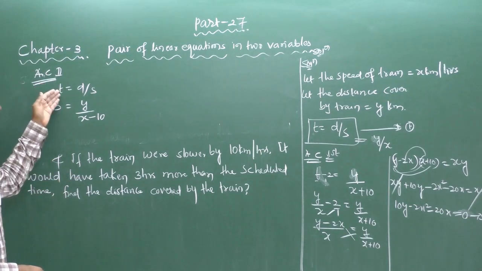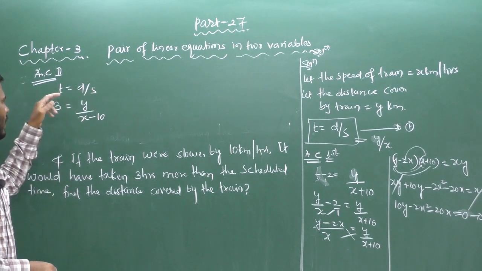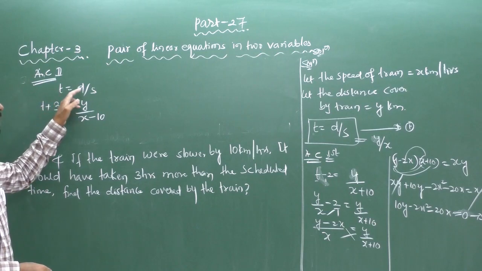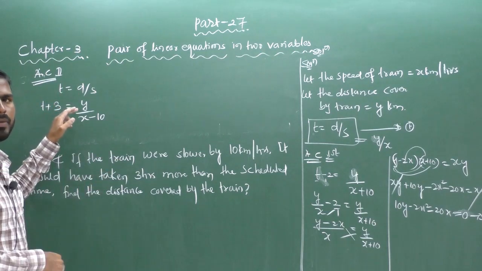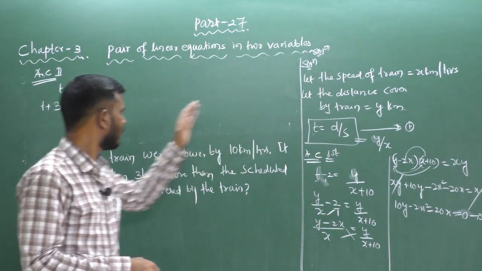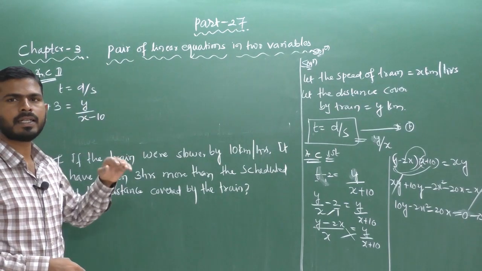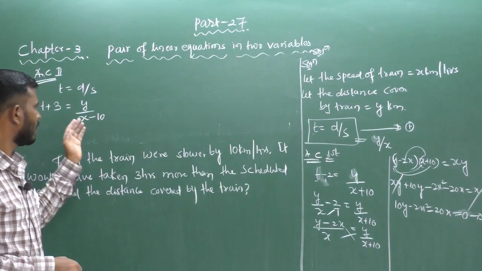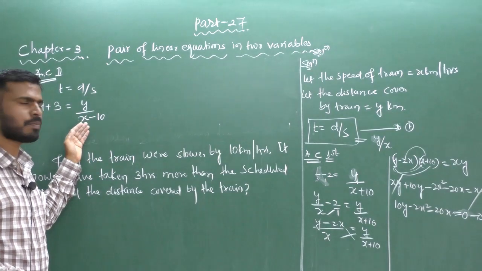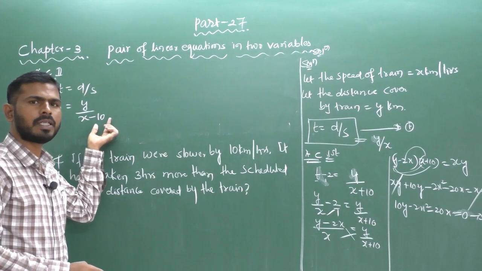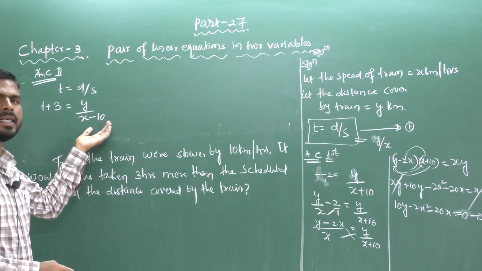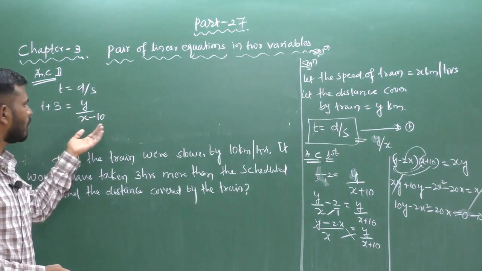So here time equal to distance by speed. Time t as it is. Distance covered by the train is y, divided by x. Speed of the train, initial speed, is x. Suppose you decrease the speed by 10 km per hour, automatically the time will increase. How much time will increase?